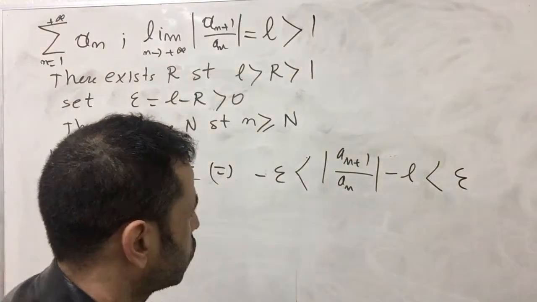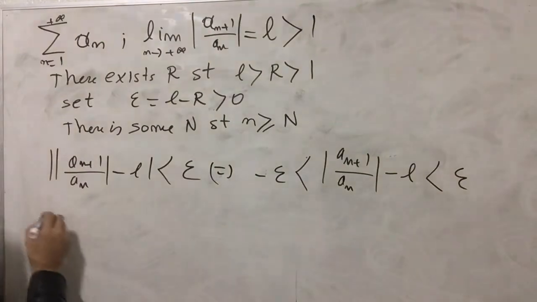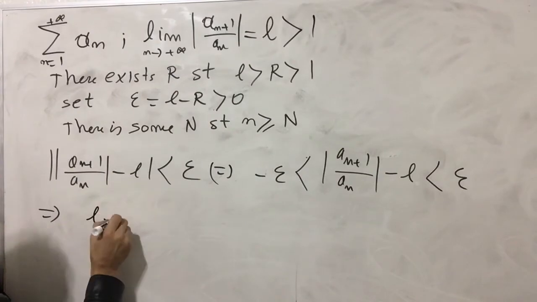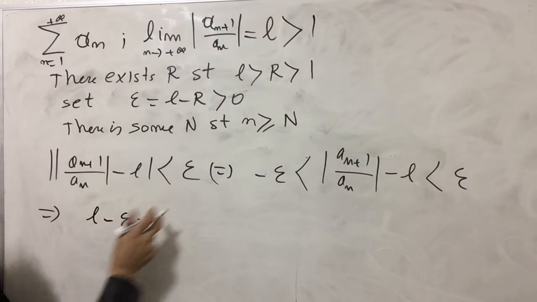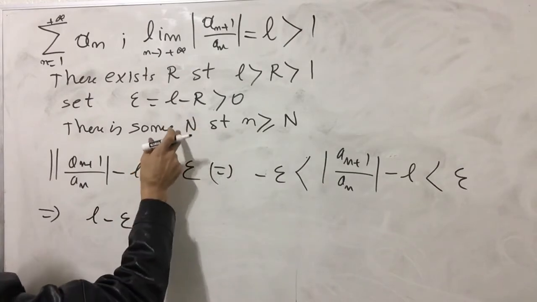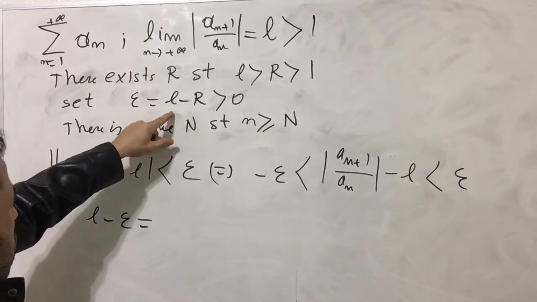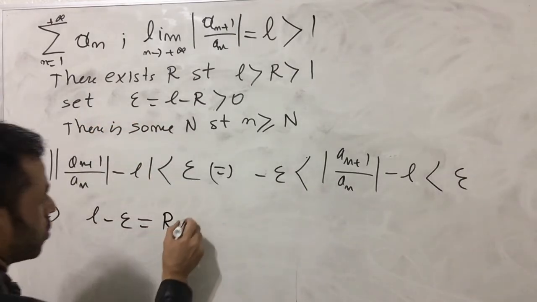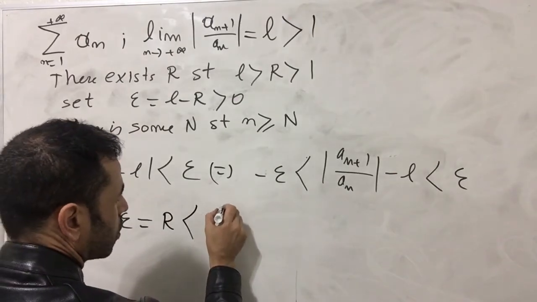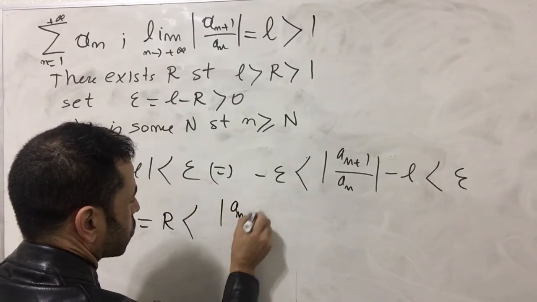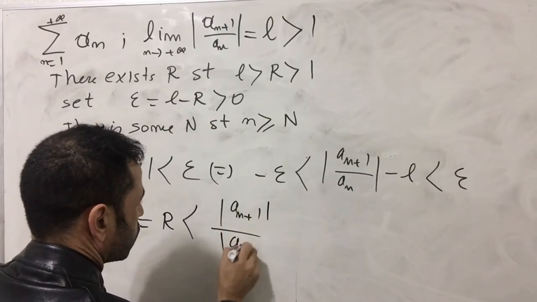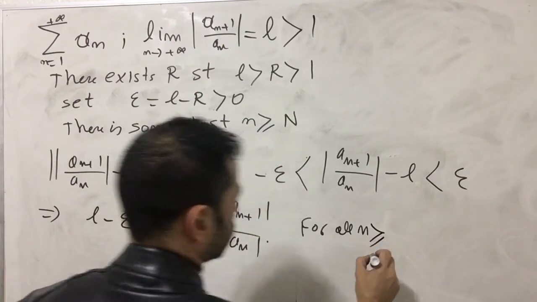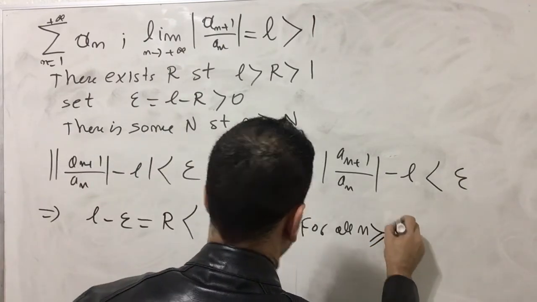So this implies, bringing this to the other side, L minus epsilon equal to R, because if I bring this R to this side, I will have R strictly inferior than the absolute value of A sub n plus 1 over the absolute value of A sub n for all n superior or equal to capital N, okay?